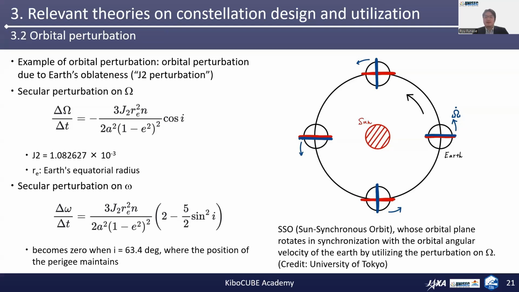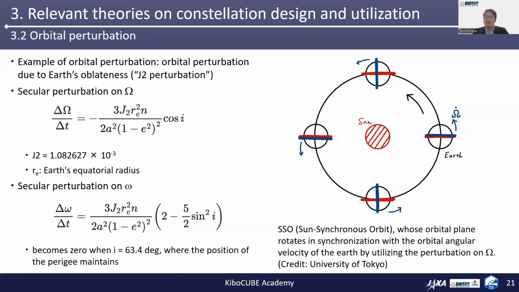The effect of J2 perturbation first produces an average time rate of change for the right ascension of the ascending node, capital omega, as shown in the upper equation. The semi-major axis, eccentricity, and inclination of the orbit determine the time rate of change of capital omega due to the J2 perturbation.